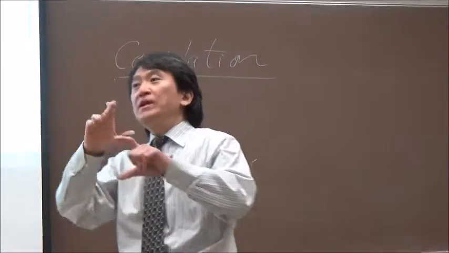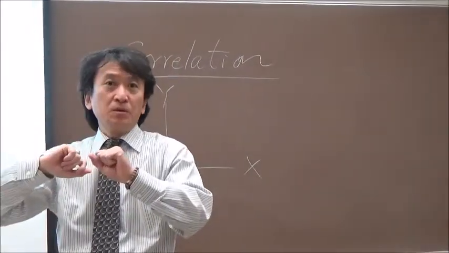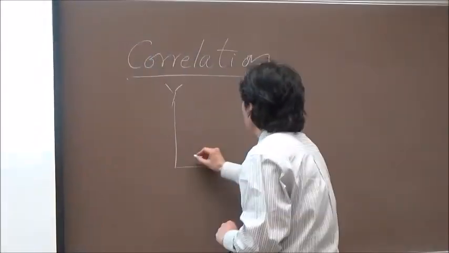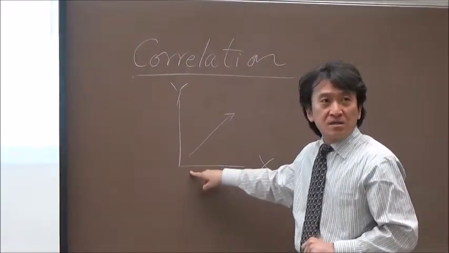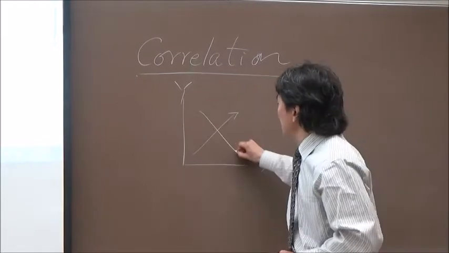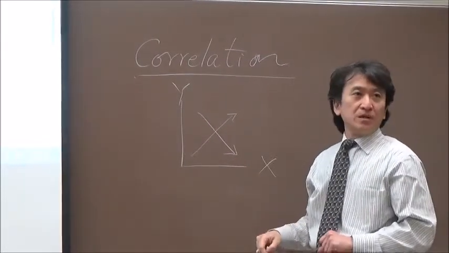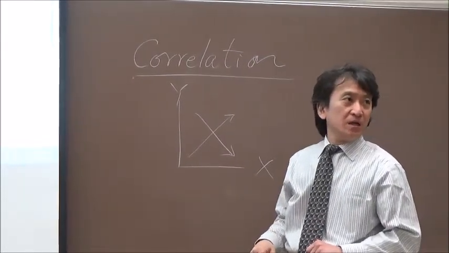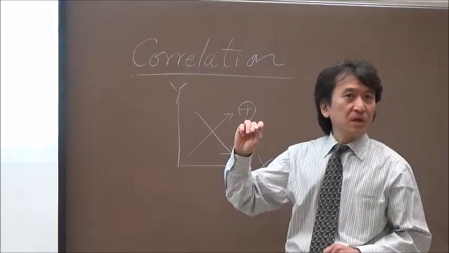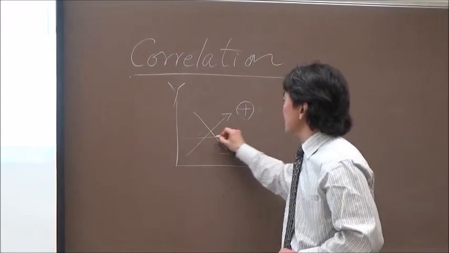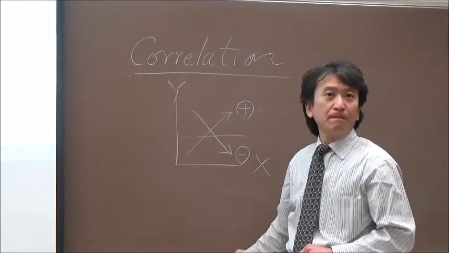The relationship between x variable and y variable. So whether as x increases, y increases, or as x increases, y decreases. With me so far? This is positive, this is negative, roughly speaking. And 0 is pretty much no linear relationship, right?